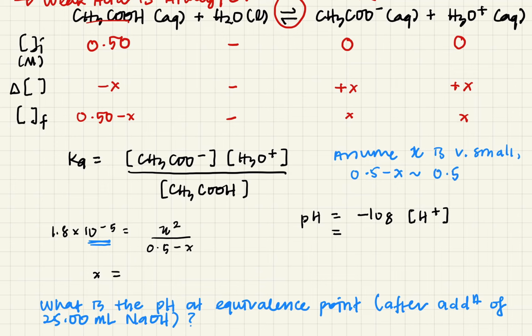So here you can find X. Your X will be the concentration of your hydronium ion. It will be 3.0 times 10 minus 3 molar. Okay. So since we have the concentration of your hydronium ion, sama je lah H plus tu, then you can find your pH. Then you will get 2.52.